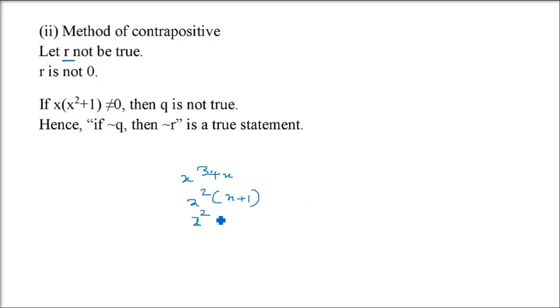Let us take any number, 2. 2 square plus 1 is 5, 2 into 5 is 10. So as long as x is not equal to 0, you are not going to get this value as 0, because you are taking x into x square plus 1.